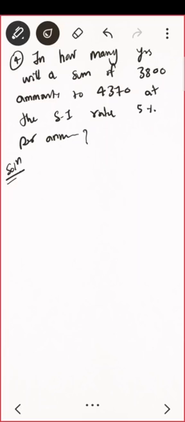Yes, what are the things given to you? What is principal, what is amount here, and what is R and what is N? Is it clear that you have to find the value of N here? Is it clear to you? Because it is asking in how many years. So can you tell me what are the things now?